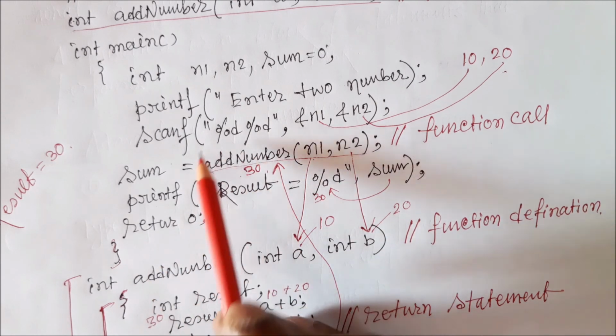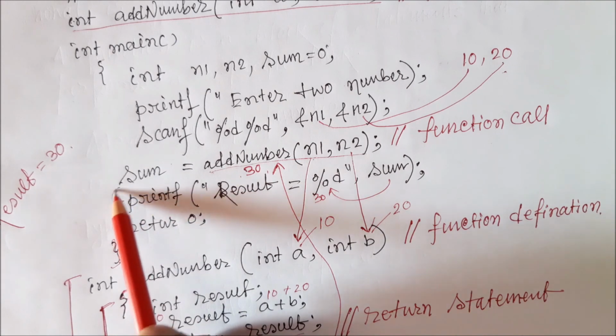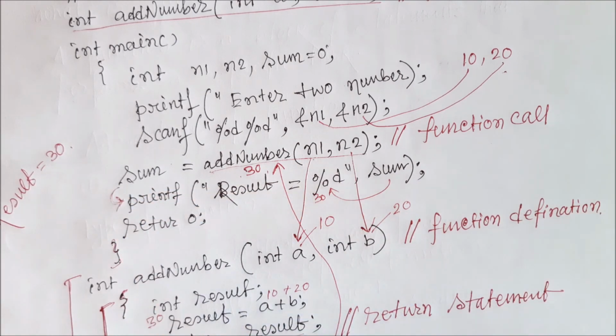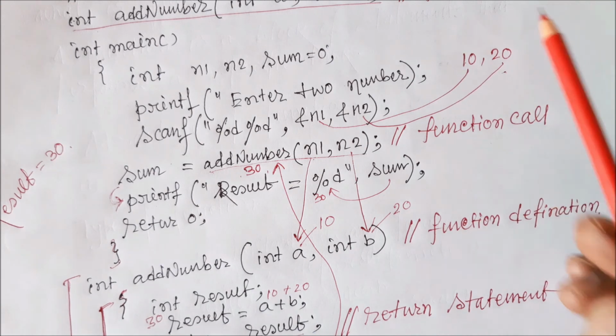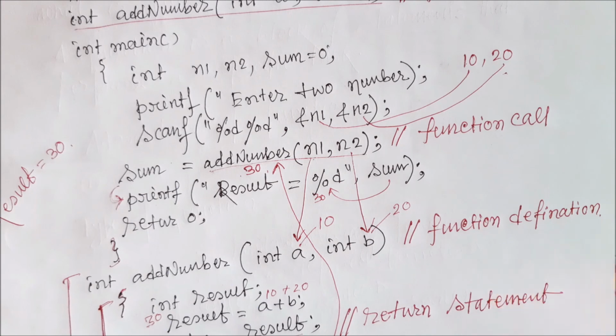Then this line will be executed. In this way we can see the flow of execution of a function. Here we have discussed many new terms: function prototype, function call, function definition, return statement. I will discuss them one by one in a few minutes.